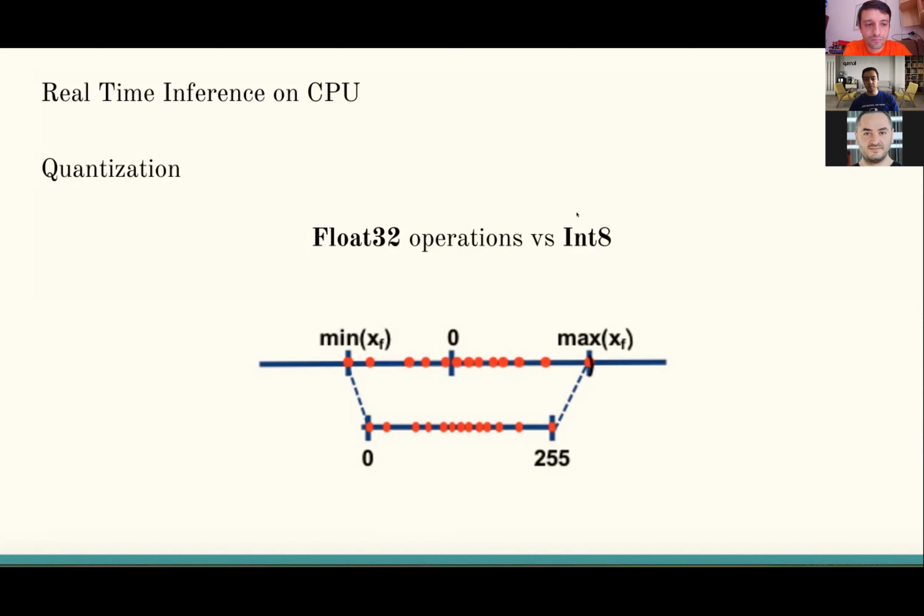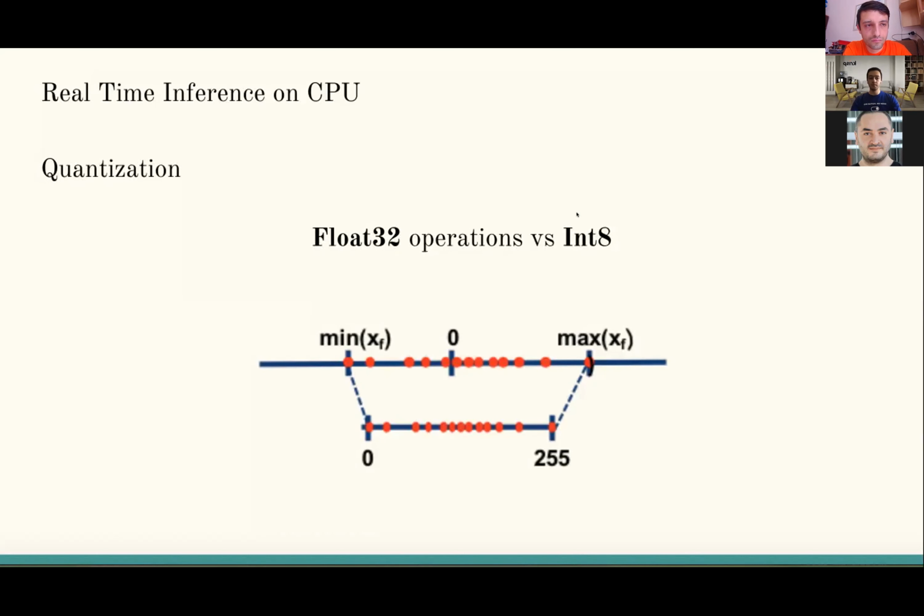And how it does it: for each parameter of your model, by using shifting and scaling operations, it converts those values into integer values. So there arises another problem, that during this conversion, obviously your model's accuracy will reduce.